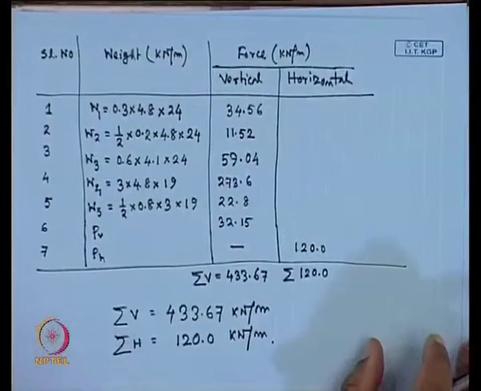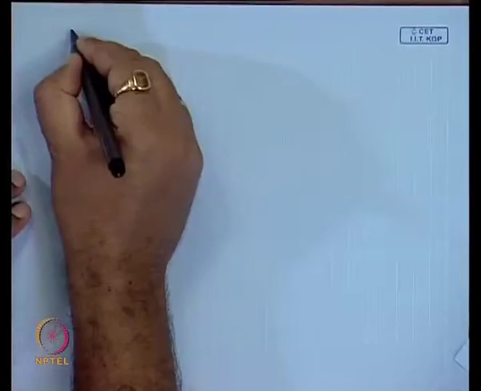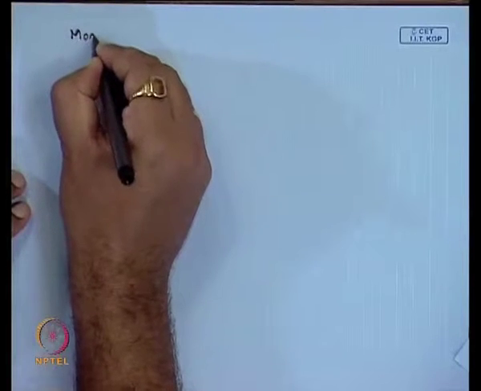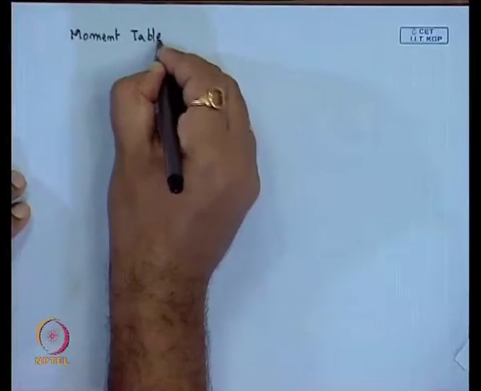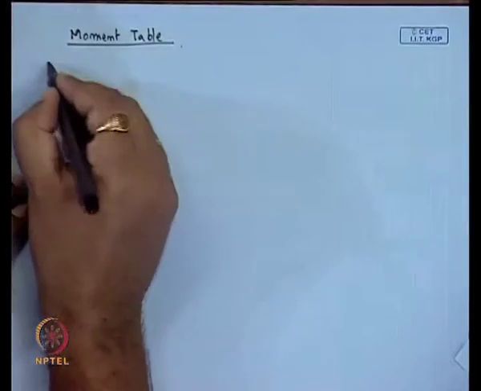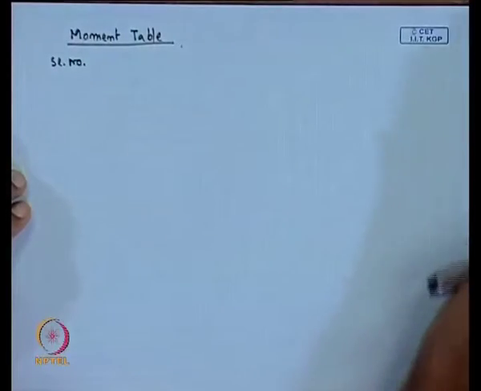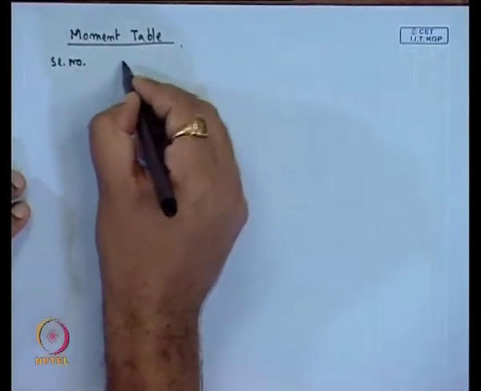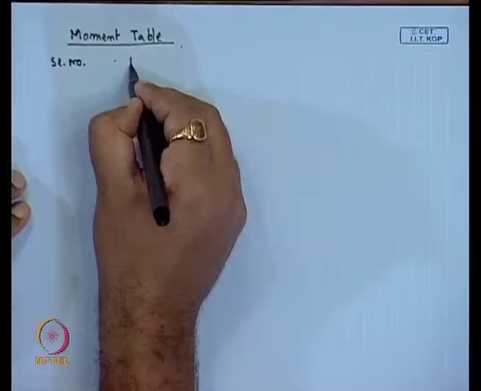Now, we will calculate the moment table. This is the force table, and the next one is the moment table. Again, this also has a serial number. Then we will consider the vertical and horizontal force.